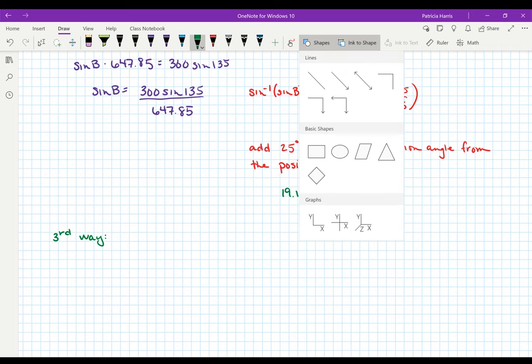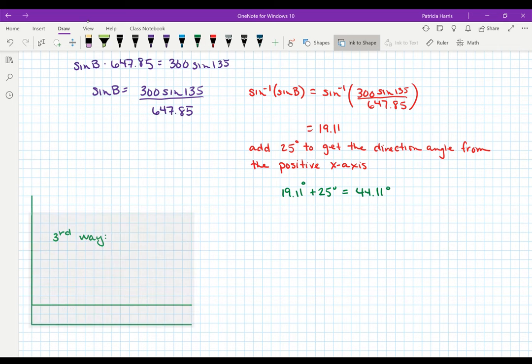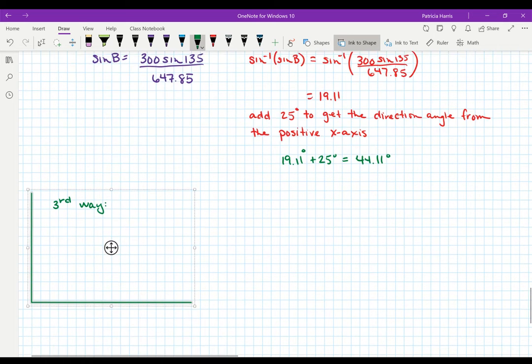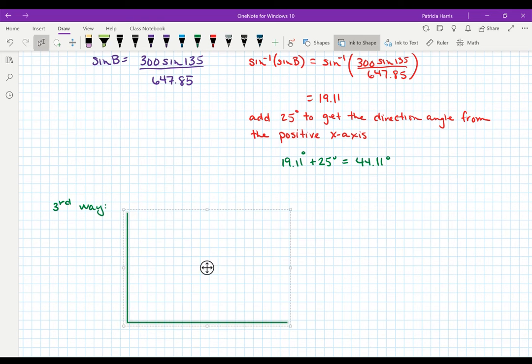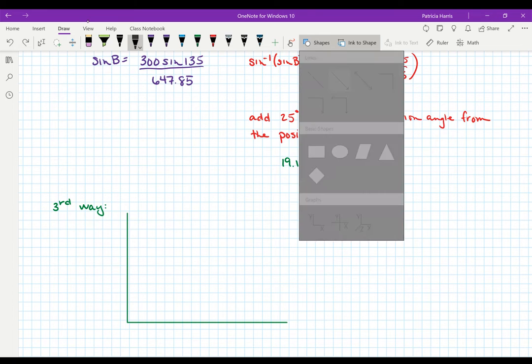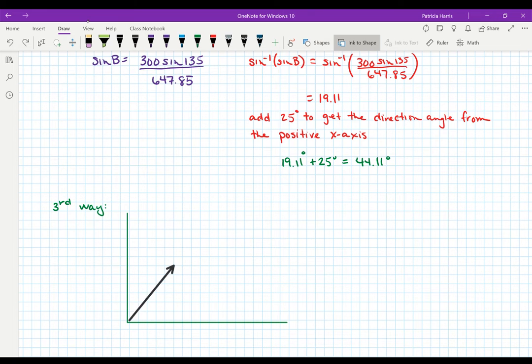So what we're going to do is I'm going to draw out, here is my u, so that's 370, right?